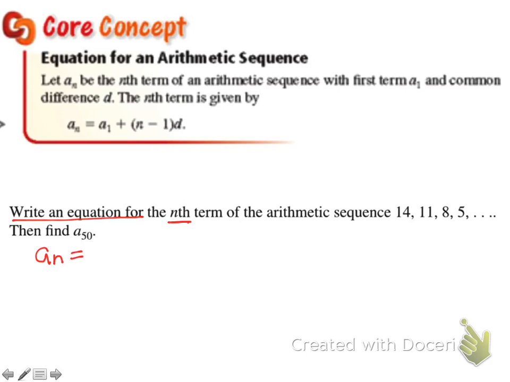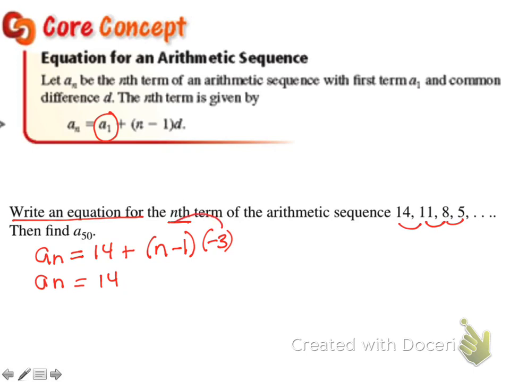so it's a sub n, and remember, what does a sub 1 stand for? The first term. What is it? 14. 14 plus, and then we don't know what term number. Right now we don't know, but we do know the common difference. What is it? -3. Okay, and we simplify that. A sub n equals 14 plus, or actually we're going to have to distribute right here.